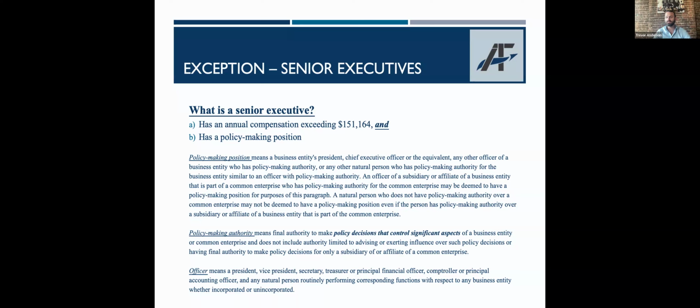However, if you are the CMO of your practice or business, and you are the last deciding factor, and you only have to notify your CEO or your board of directors, then it could be argued that you have policy-making authority. And as long as your compensation reaches that threshold, your non-compete that is in place right now would be enforceable after the effective date.